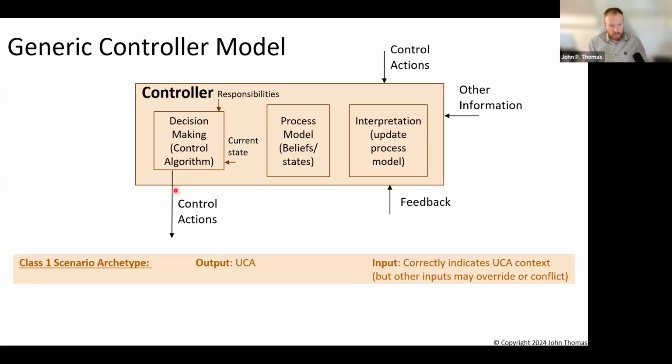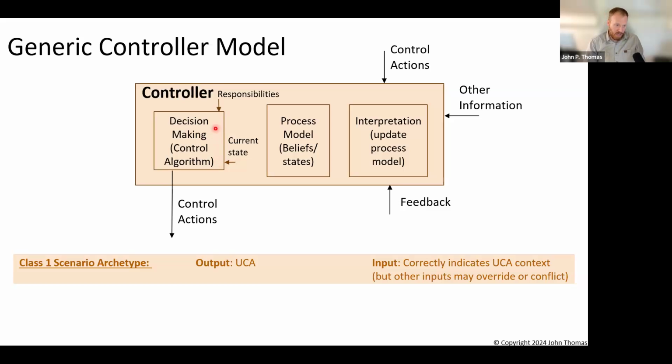Well, here's a generic controller model. We've got some decision-making process. If it's software, sometimes it's called a control algorithm. If it's a human, we would just say decision-making. Some decision-making process that we're using to select this control action, right? This could be informed by a set of responsibilities or procedures, informed by some idea of what the current state of the system is.